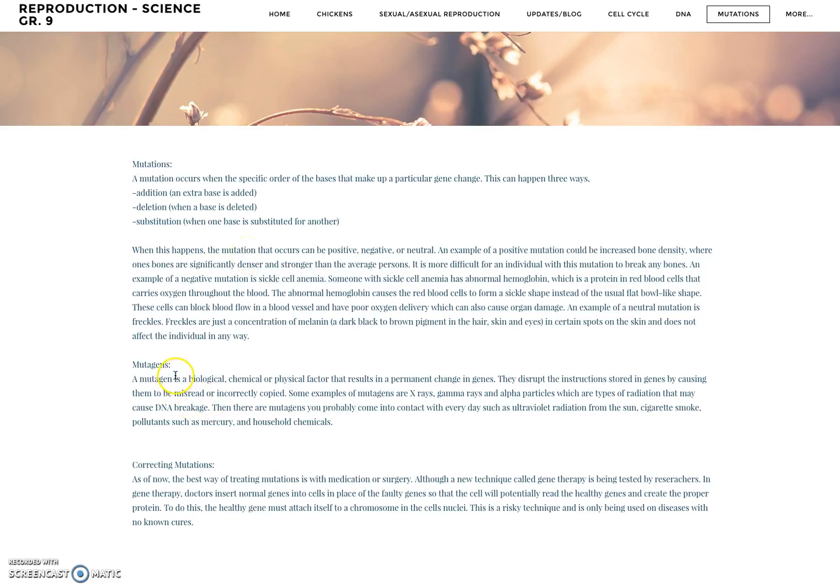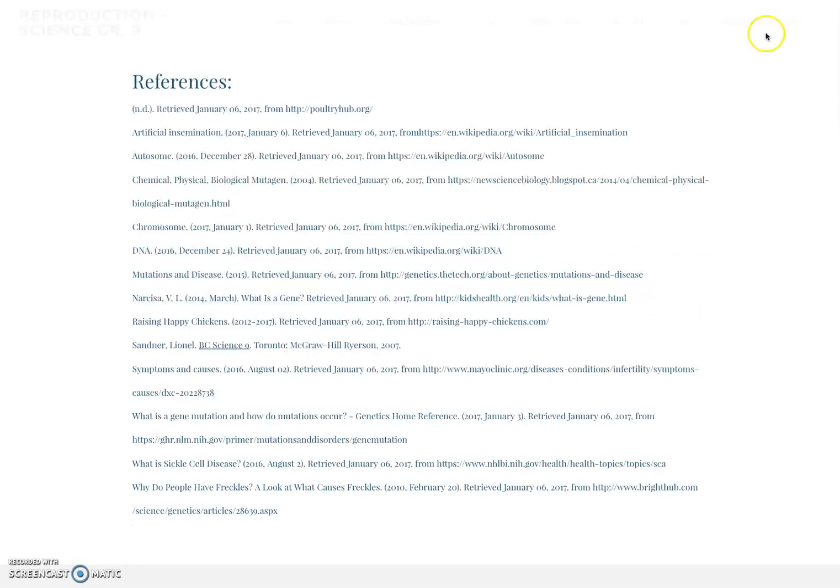And then we have the causes of the mutations, which are the mutagens, and then correcting mutations and the current methods that are being used, and also technologies that are being developed to help mutations. And now we'll move on to the references page, which just has the sources of information that we used, which are cited and put into alphabetical order.